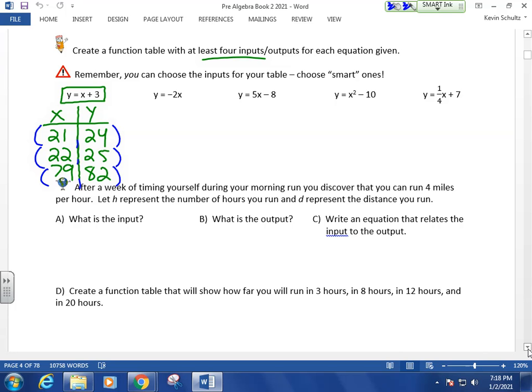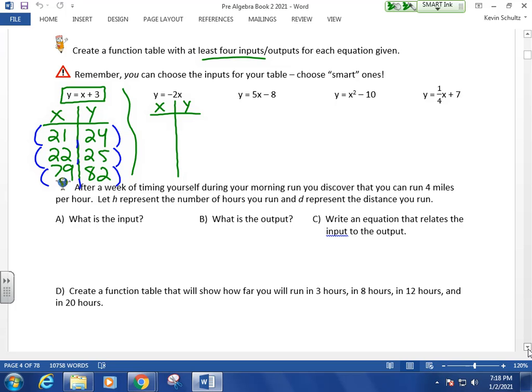Okay. Next one, y equals negative 2x. Again, we're going to make an x, y table here. And the rule in this case is that whatever x is, we're going to multiply it by negative 2 to get y. Right? Negative 2 times x. That's what y equals.